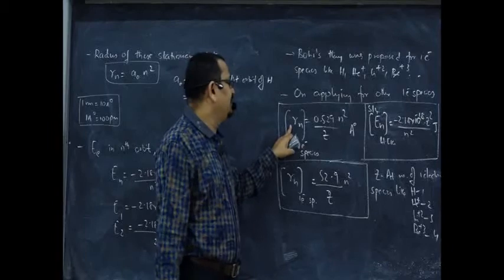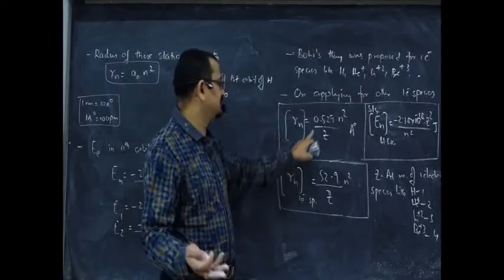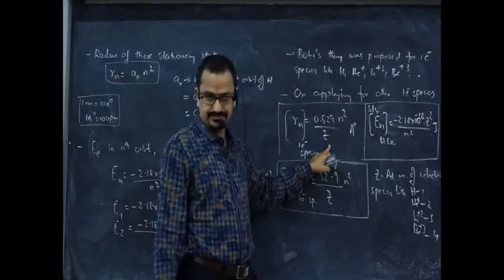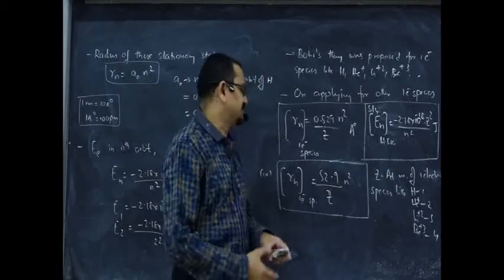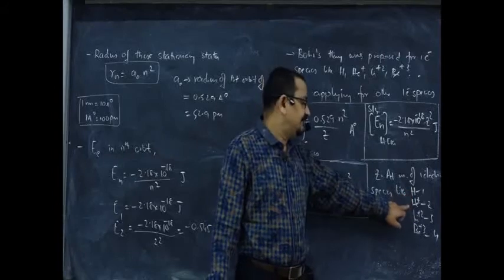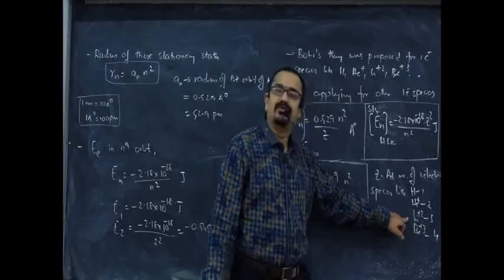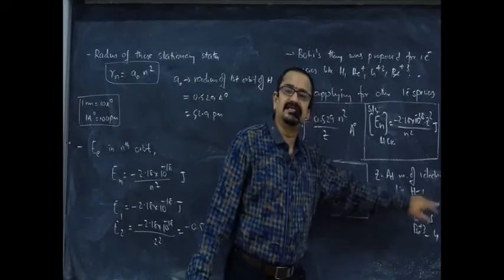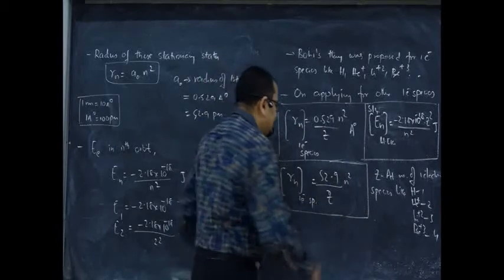The radius of nth orbit in a hydrogen like species equals 0.529 into n square by Z, where Z is the atomic number of that species. Hydrogen has atomic number 1, helium plus is 2, lithium 2 plus is 3, and beryllium 3 plus is 4.